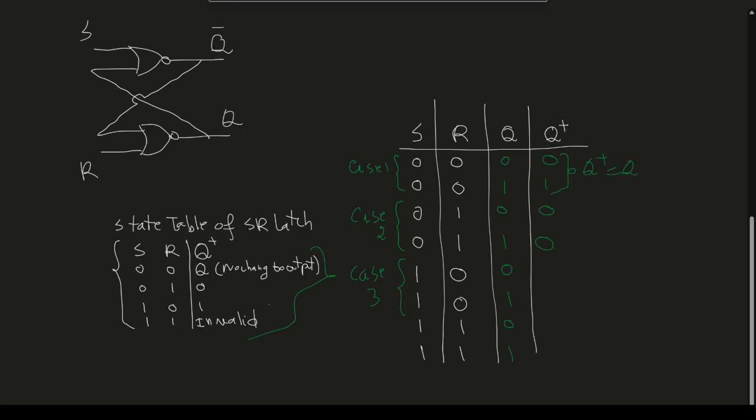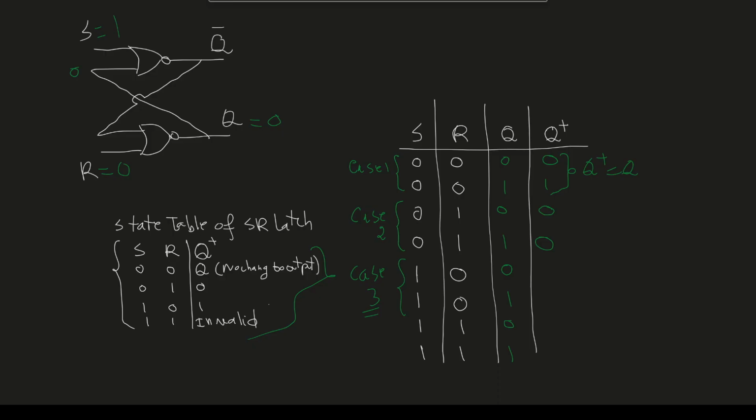So next, let's go over case 3 where S is 1 and R is 0. So S is 1 and R is 0. And let's go over this row first, where the initial state of Q is 0. So when Q is 0, let's see the next state of Q. So 0 will come here.